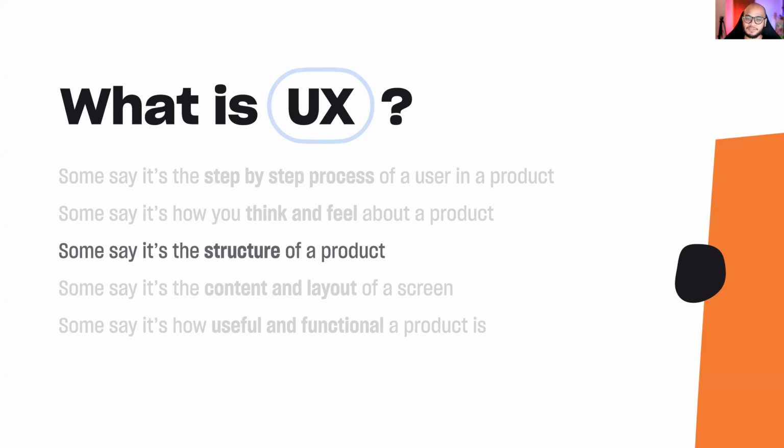Some say it's the structure of the product, so it might be the layout or the wireframe. Some say it's the content, how it speaks to the user, and some say it's how useful and functional a product is. If it's easy to use or delightful to use, that's user experience.